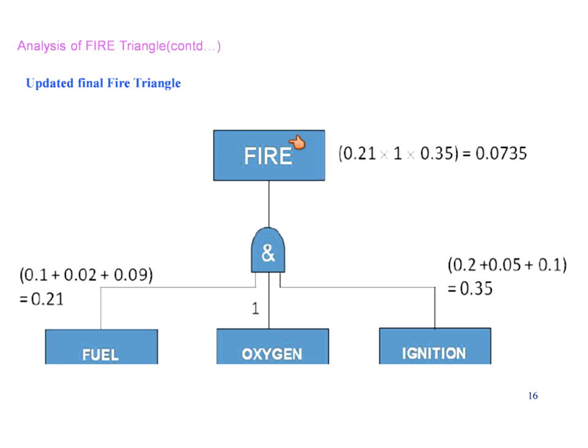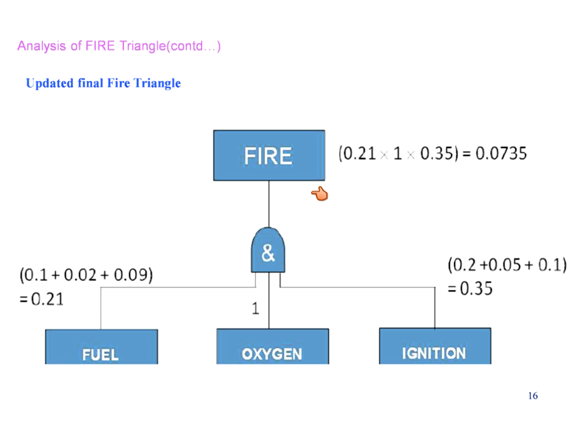Okay. Now again we have to update the fault tree diagram. So you see, this is 0.21, this is 1, this is 0.35. So here 0.21 multiplied by 1 multiplied by 0.35 is 0.0735. This is the percentage of fire.